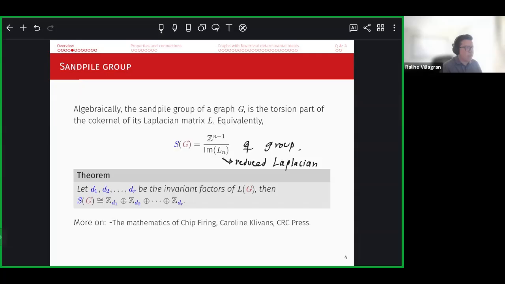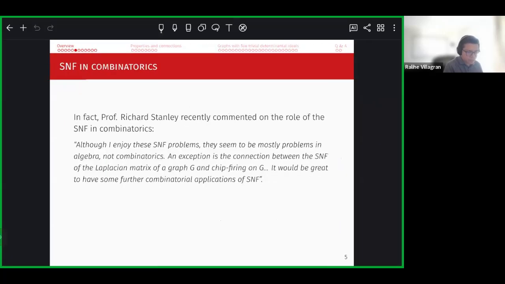And actually, the sandpile group is isomorphic to this group right here, which is given by the invariant factors of the Laplacian matrix of the graph. So Smith normal form is connected with sandpile groups. But besides this connection of the Smith normal form with chip-firing, it seems like problems with these Smith normal forms are more algebraic than combinatorial.